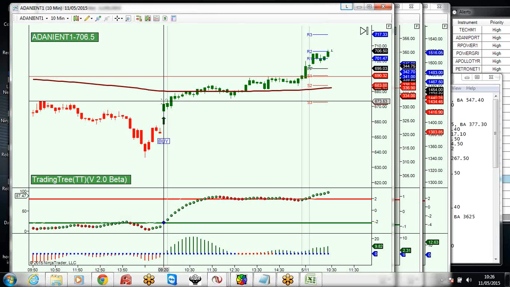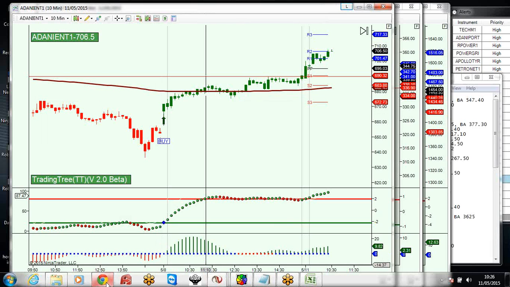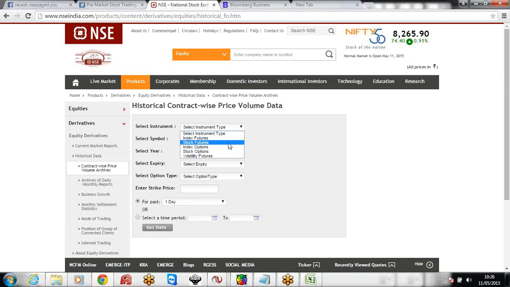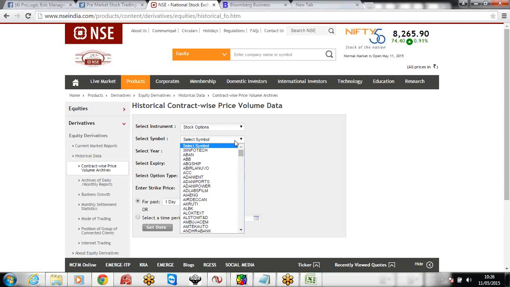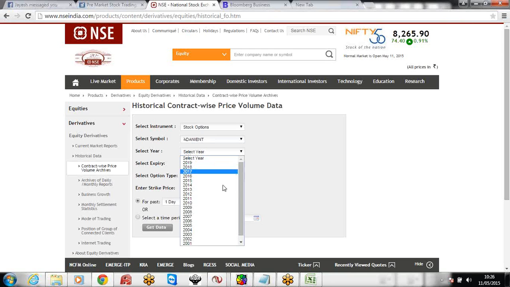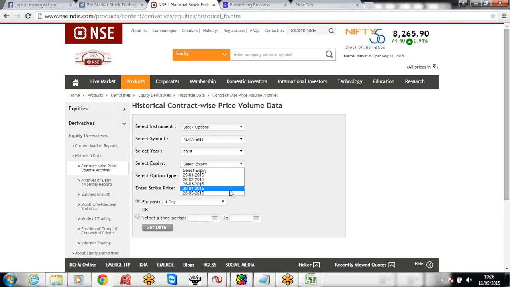It got generated at 9:20 on Friday. So I'll just show you what the profit will be like. So Adani Enterprises, you just check it here. Check the current expiry. Since it's a buy call, we should buy a call option. So 670 is the strike.